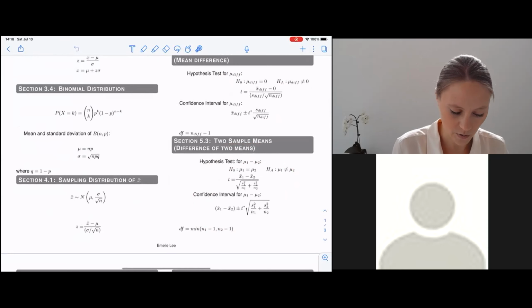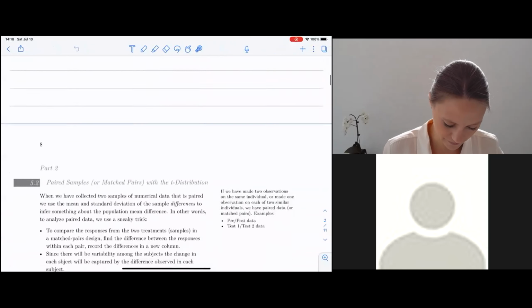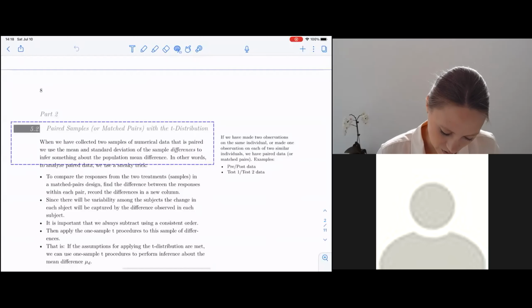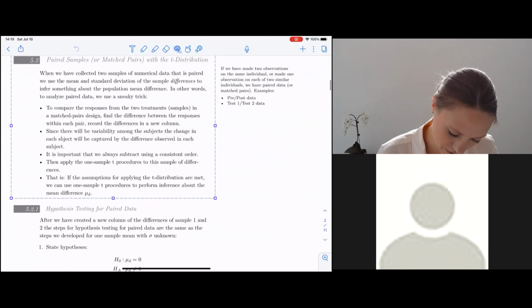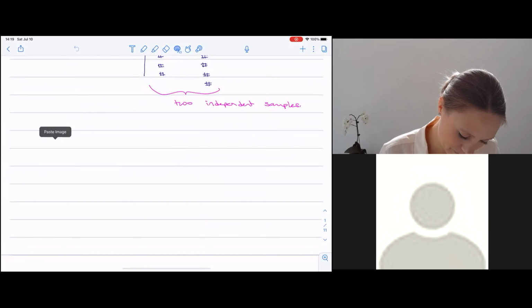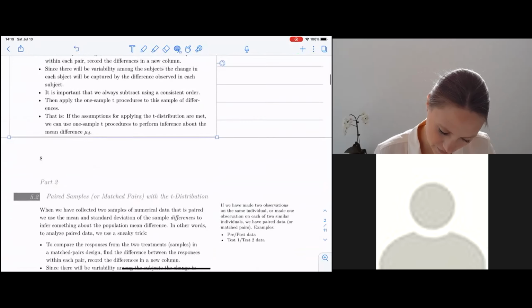Okay, so let's start here with paired data. Let's see if I can get this whole thing.